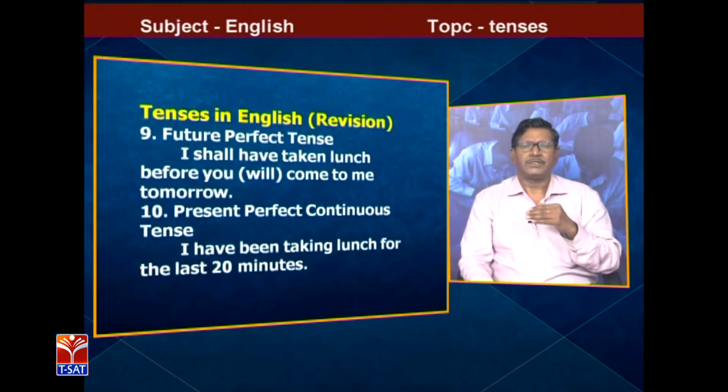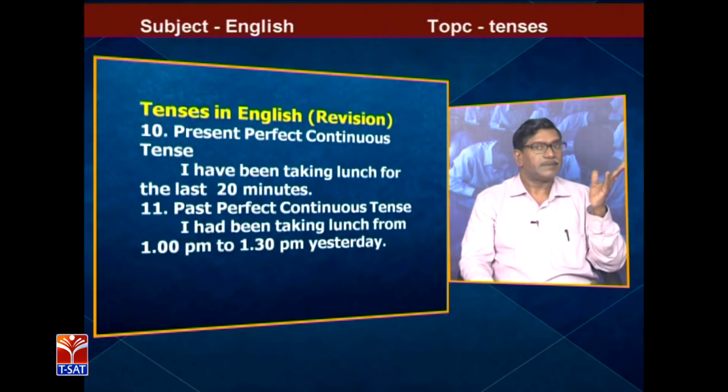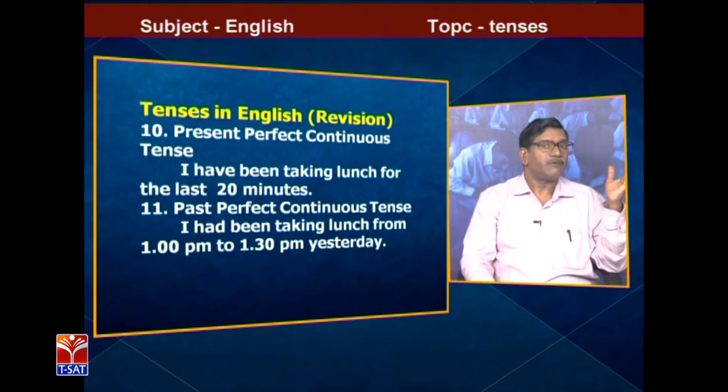Present perfect continuous tense, past perfect continuous and future perfect continuous. Present perfect continuous, I have been taking lunch for the last 20 minutes. I have been taking lunch. Past perfect continuous, I had been taking lunch from 1 p.m. to 1:30 p.m. yesterday.